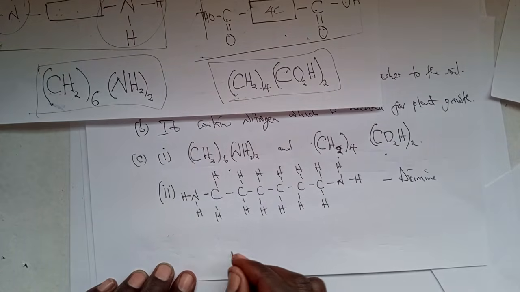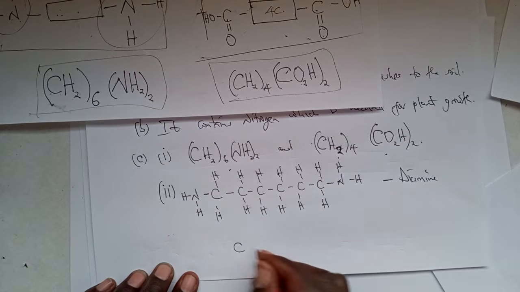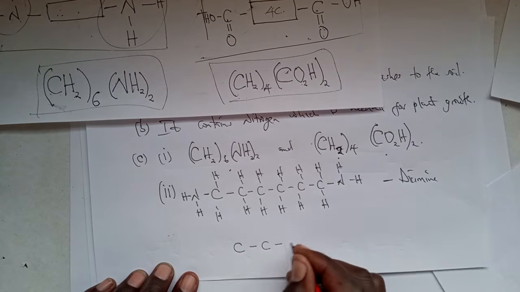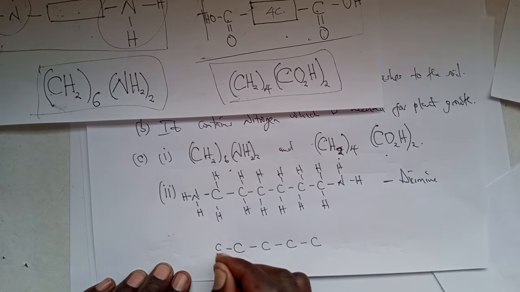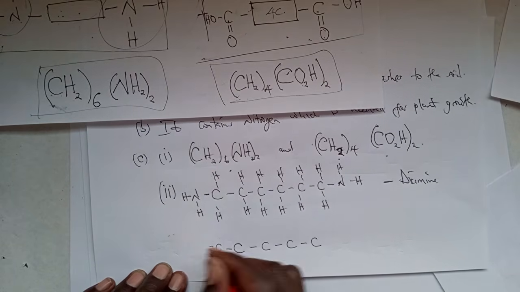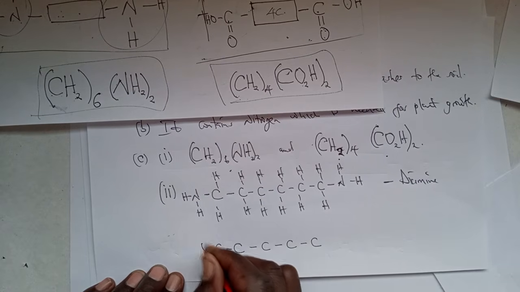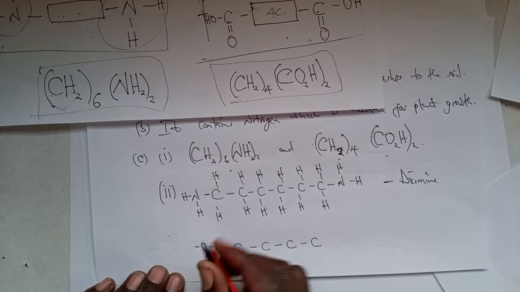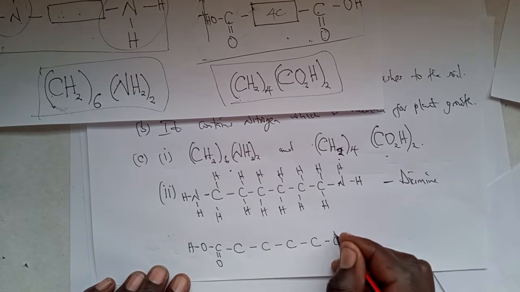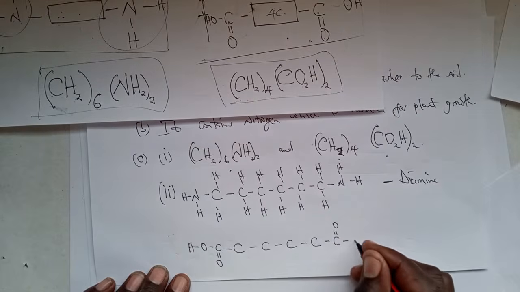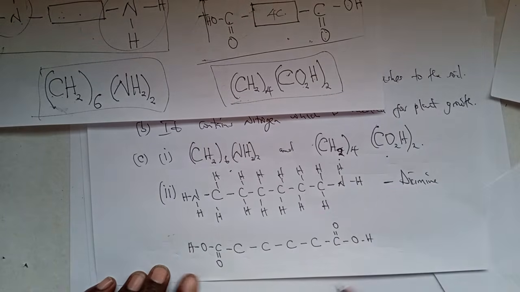And then the other one is this one, 1, 2, 3, 4. Then you have C here, O, you have O, and H this side. Another C here, you have O and H. Look at this, I'm not starting with H this side.